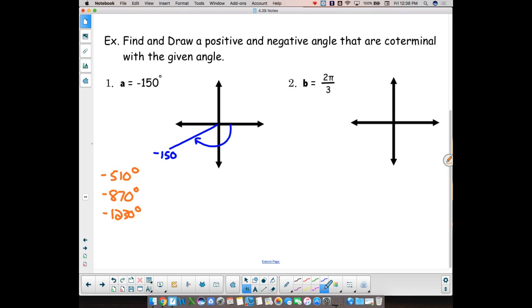On the positive side, I'd have 210 degrees, 570 degrees, 930 degrees. Agree? Yeah.